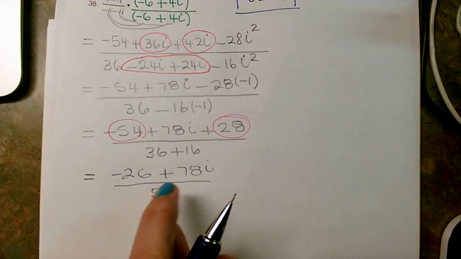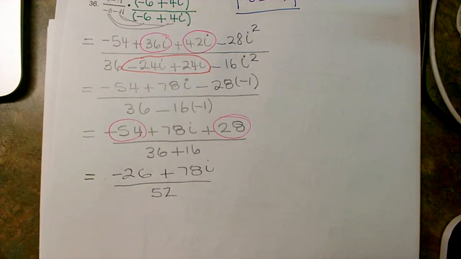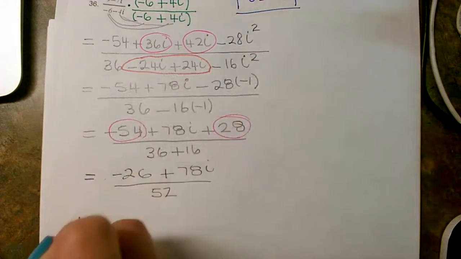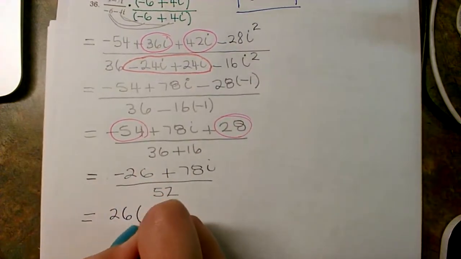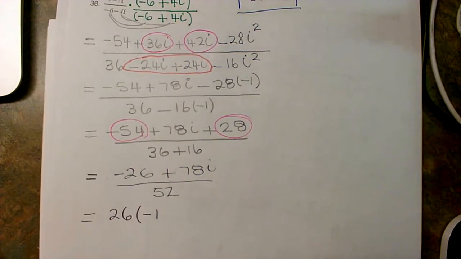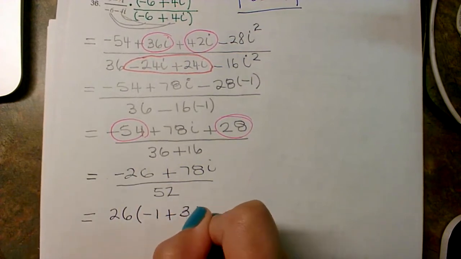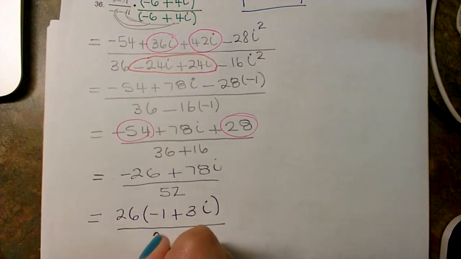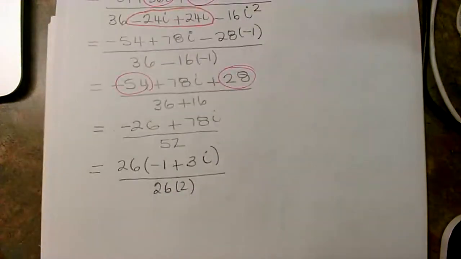And right here, I could get 26 out. So it's going to be 26, oops, sorry, plus 3i. And this is going to be 26 times 2. So I factor the 26 out.